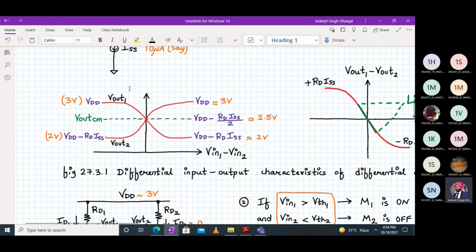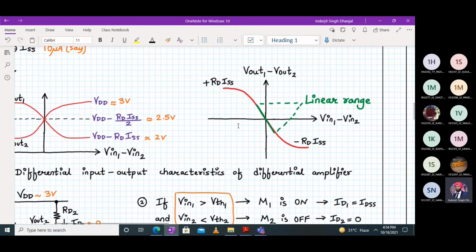So if you want to operate a very good differential amplifier, you should keep the difference between V in 1 and V in 2 as small as possible. That's why the differential amplifier is able to amplify even microvolt signals with most accuracy, with most linearity.